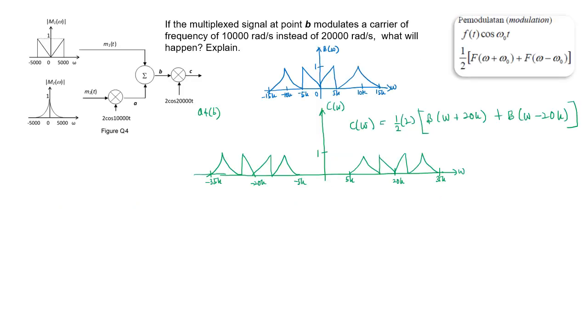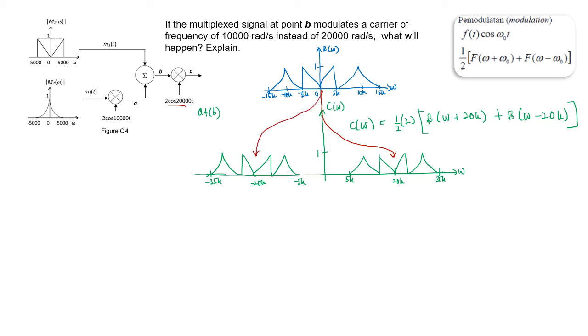Okay, from the earlier example, we have seen the signal B omega, and then b(t) being multiplied with cos, the carrier signal at this point. So you get C omega. You notice that the center of this signal is shifted to the right by 20k and to the left as well by 20k.